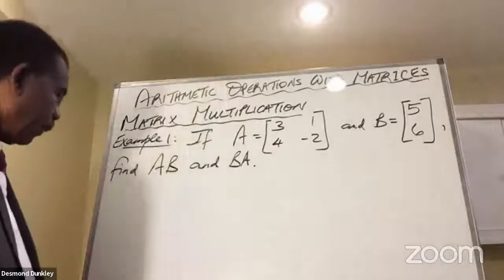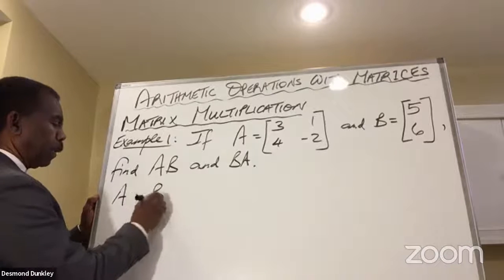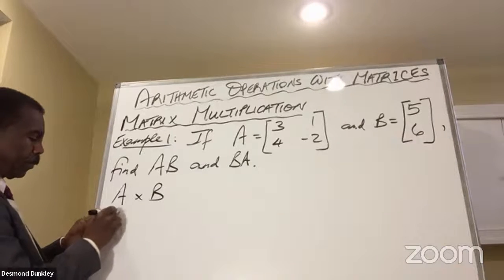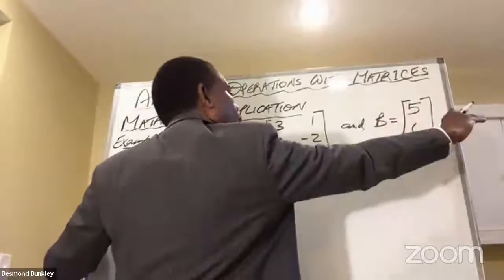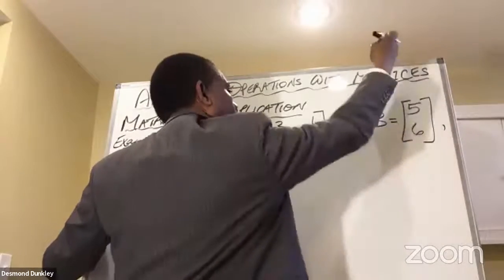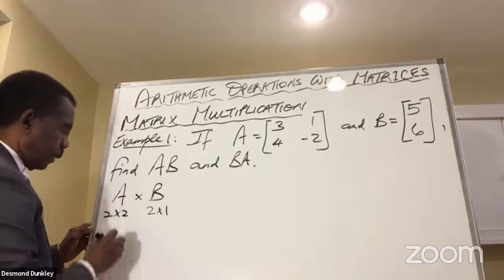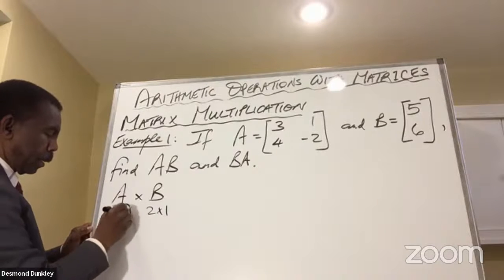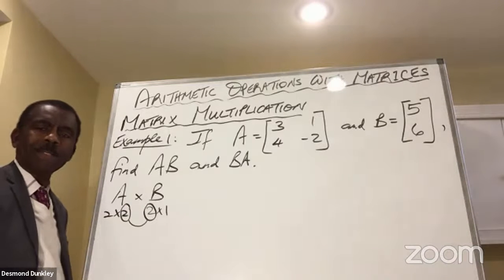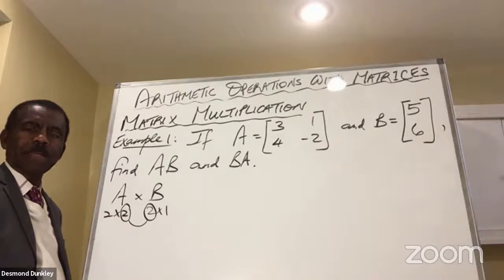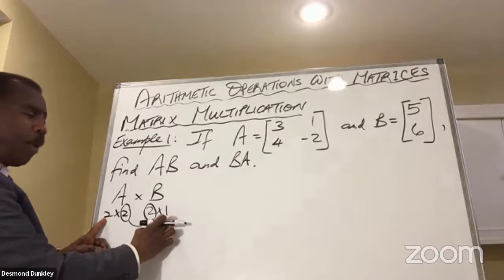Okay, so let's go. A times B is a 2 by 2 times, this is 1, 2, 2 rows, 1 column, a 2 by 1. So look at this. These are identical, so yes, it works. And then the result is going to be a 2 by 1.